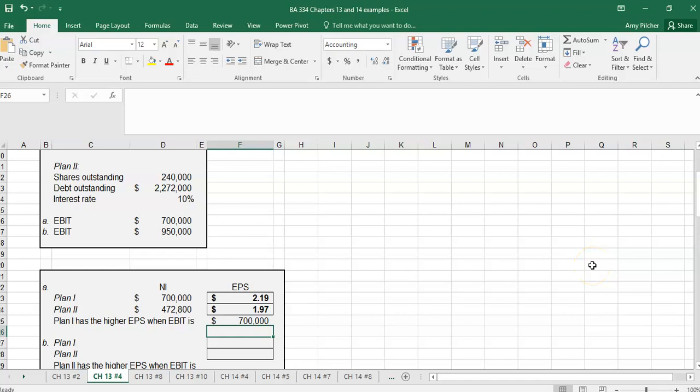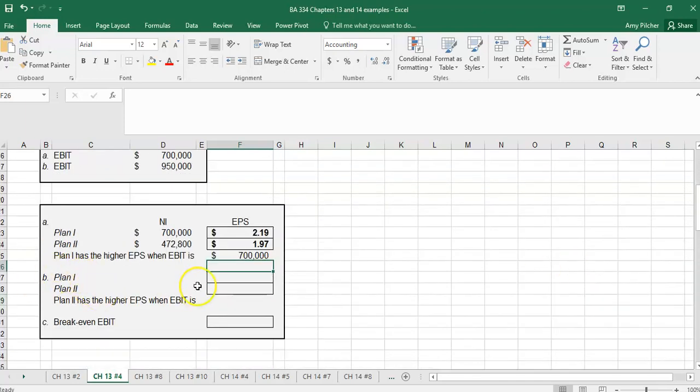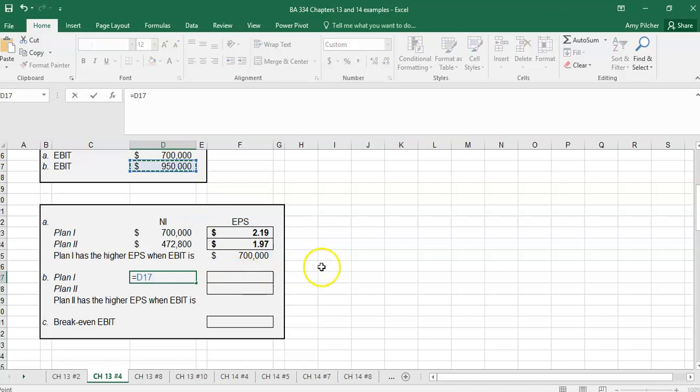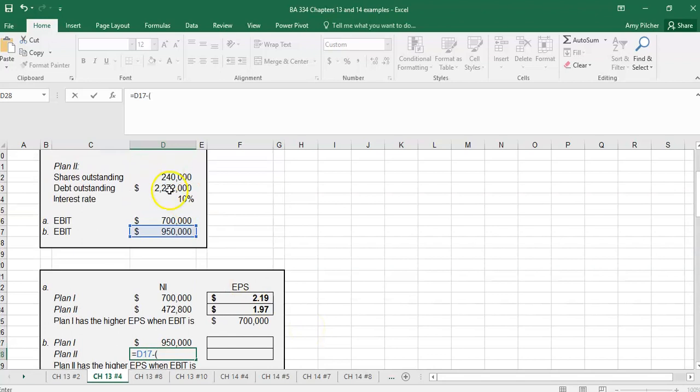Next, we're going to look at what if our earnings was 950,000? Is plan 1 or plan 2 going to have the highest earnings? So net income is 950,000 in plan 1 where we don't have interest, and in plan 2 it's 950,000 minus the interest payment, which is debt times the interest rate.